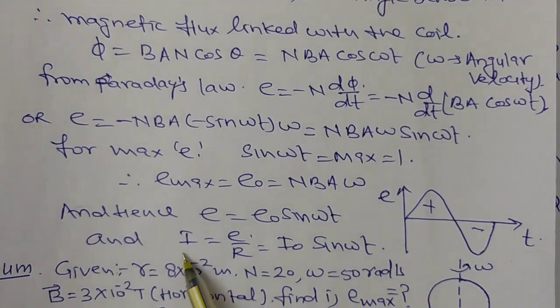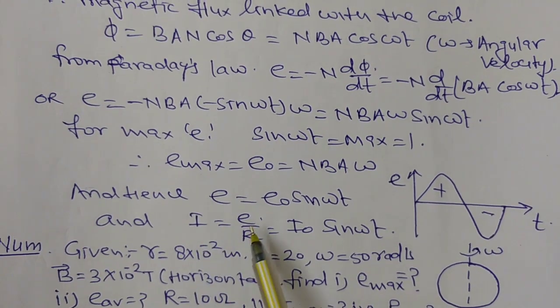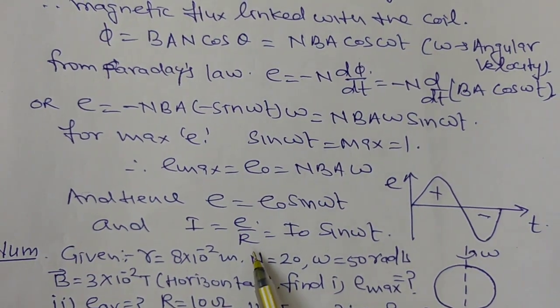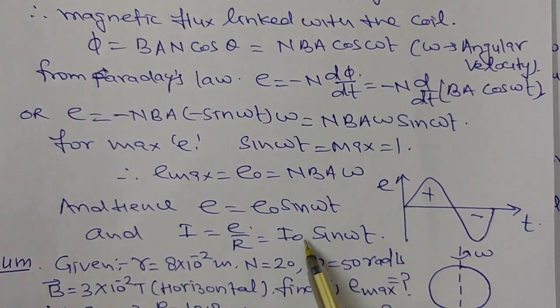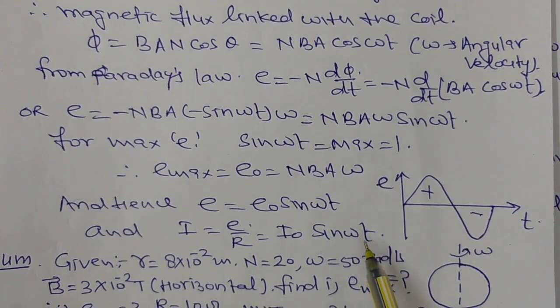And hence the induced current I is equal to E upon R, and this voltage upon resistance is current, and this is I naught into sin omega t.